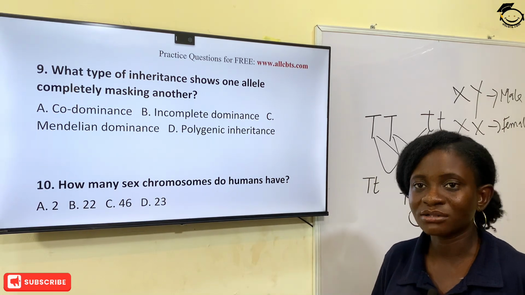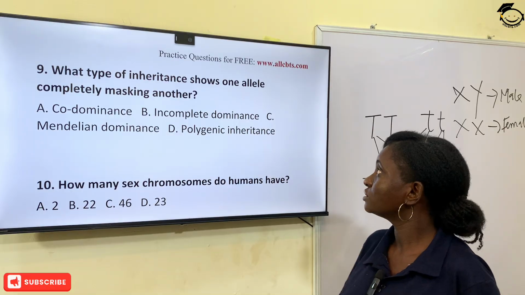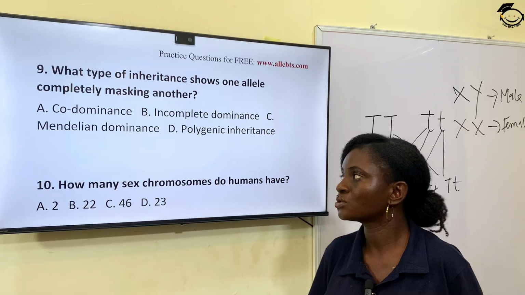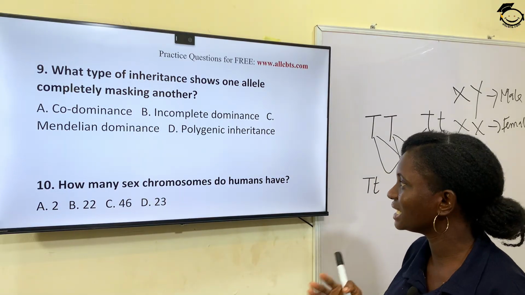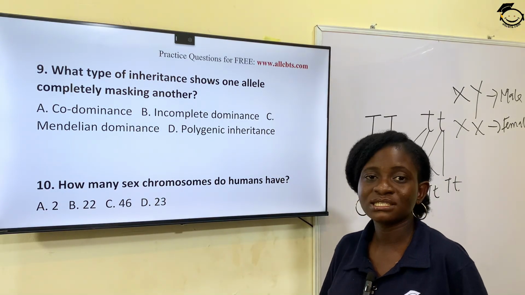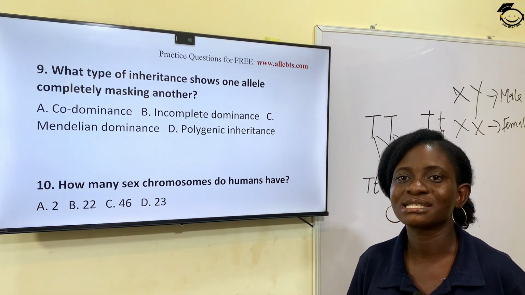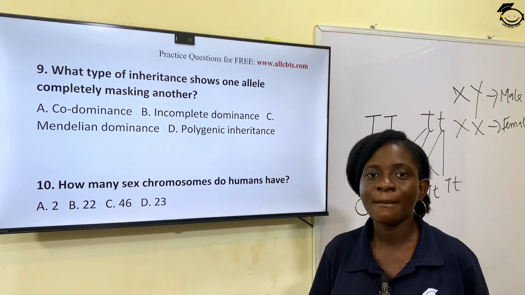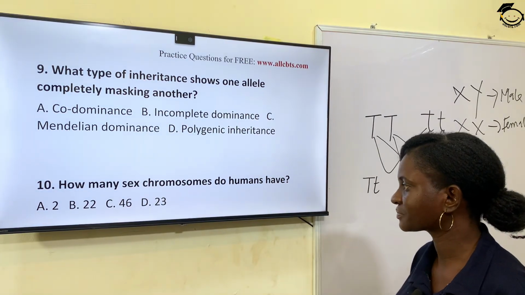We are talking about complete dominance, which is also known as Mendelian dominance. So the correct answer is C, Mendelian dominance.